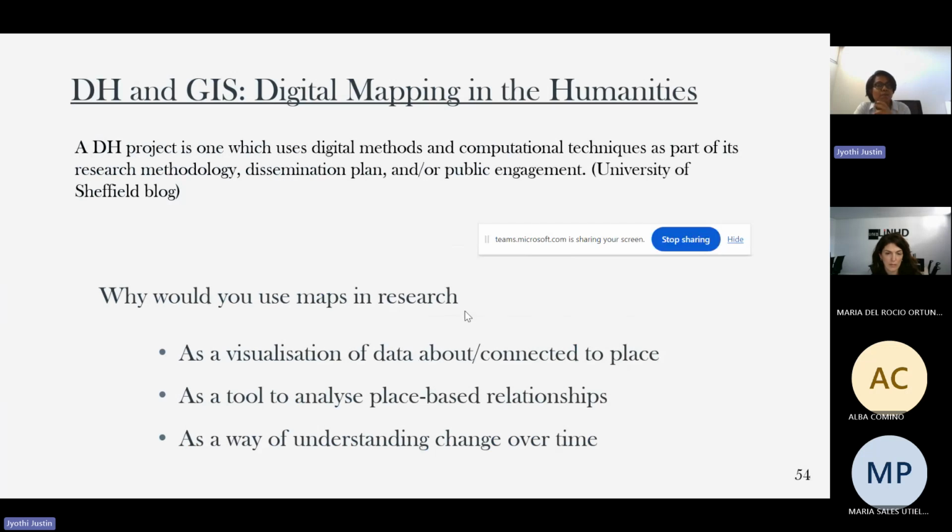So why should you use maps? If you have data that is connected to place, and that can be from any literary or non-literary sources, and if you can use the tools to analyze place-based relationships and to understand the changes over time, then you can make use of GIS or any mapping technology for that matter.